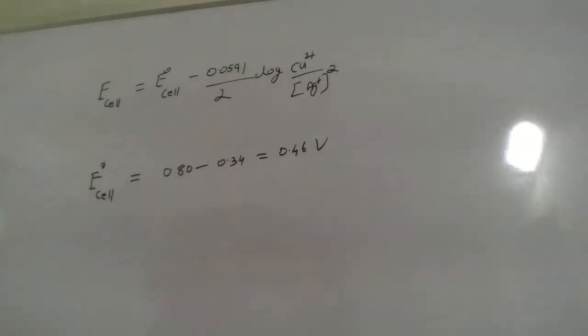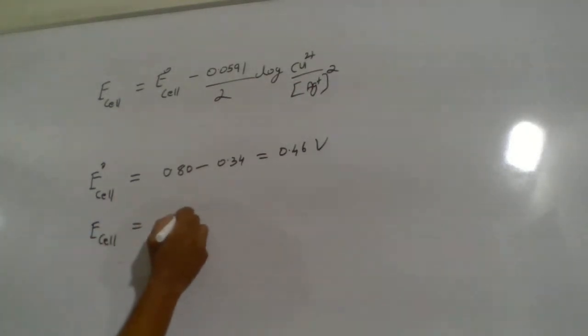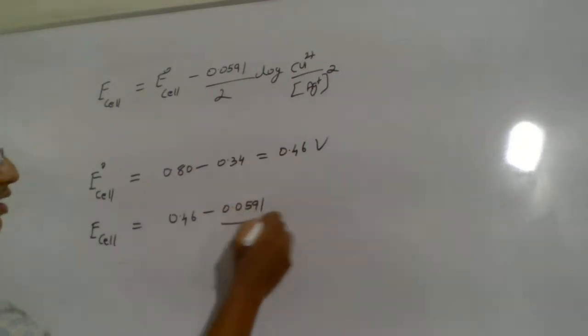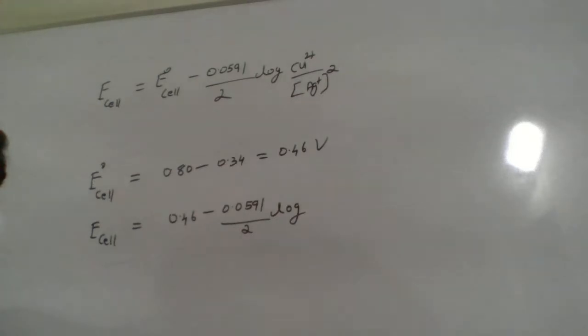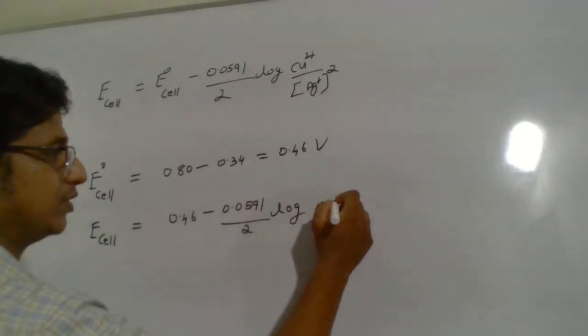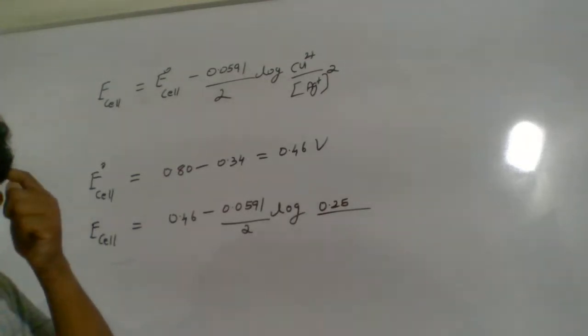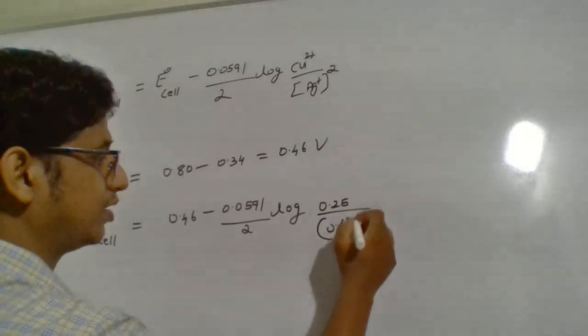Now you can find E cell. E cell is equal to 0.46 minus 0.0591 divided by 2, log of the concentration of Cu2+, which is already given as 0.25, divided by the concentration of Ag+, which is 0.6. Don't forget to make it squared.